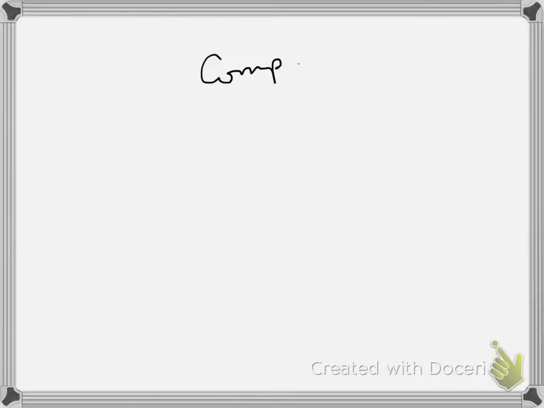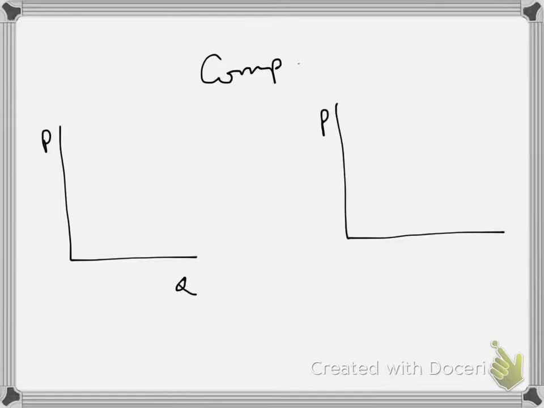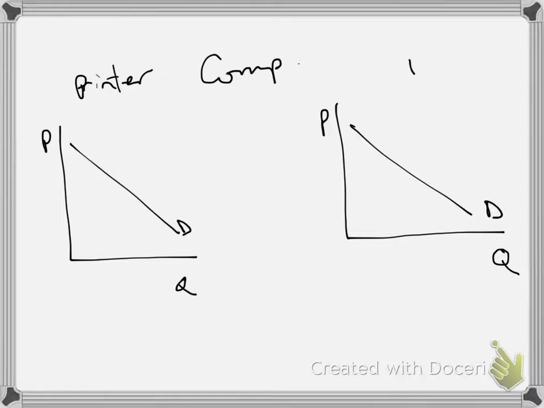Let's do complements. And this isn't like compliment, you look nice today. This is complement like things you buy together. Spelled differently. Okay. Demand, demand. Things you buy together. We'll do an easy one. Printer and ink.